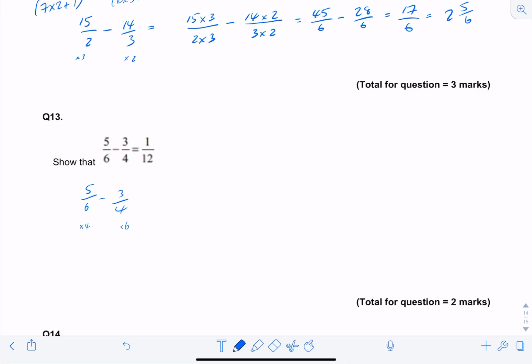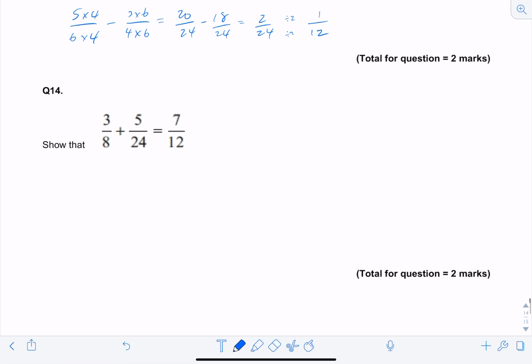So I'm going to get 5 times 4 over 6 times 4 minus 3 times 6 over 4 times 6, which is 20 over 24 minus 18 over 24, which is 2 over 24. I can see that I can divide both the numerator and denominator by 2 because they're both even numbers. And that gives me 1 over 12. Oh, and that's the answer. Brilliant.